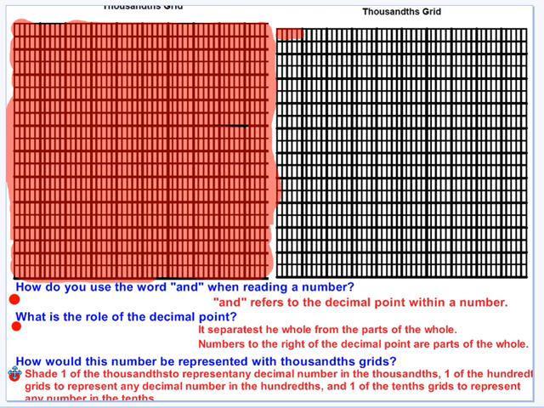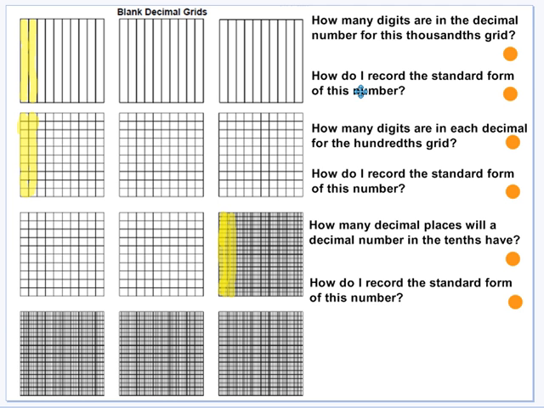So we're shading, this is what we were talking about before. Shade 1 of the thousandths grids to represent any decimal number in the thousandths, 1 of the 100ths grids to represent any decimal number in the hundredths, and 1 of the tenths grids to represent a number in the tenths. So I've shaded in some number values in each of our grids.